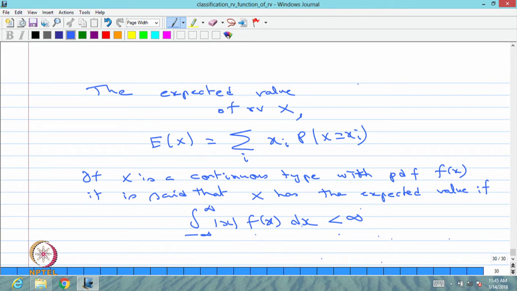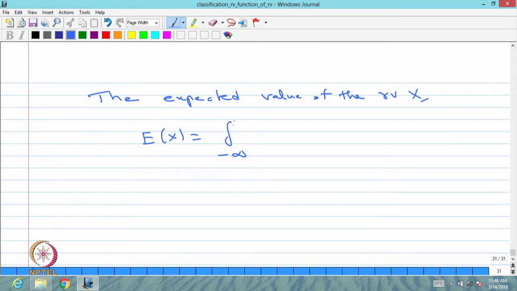In this case, the expected value of the random variable x, denoted by E of x, is the same as the integration from minus infinity to infinity of x times f of x dx.